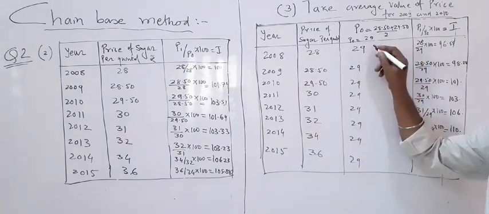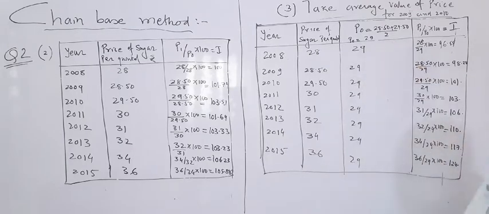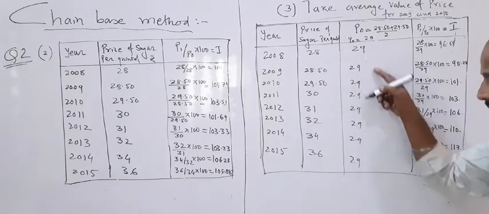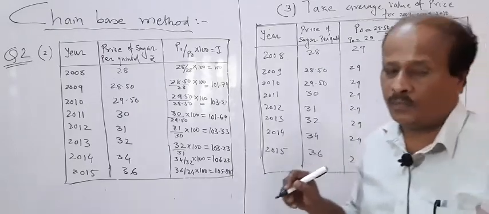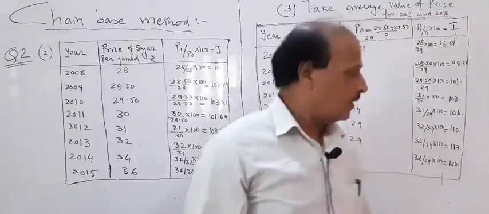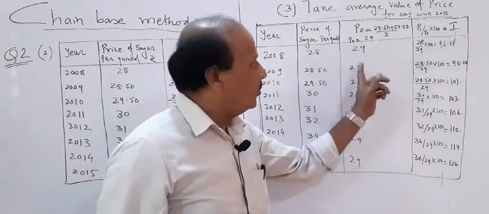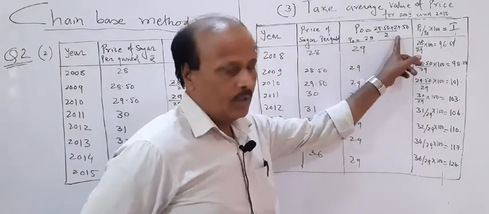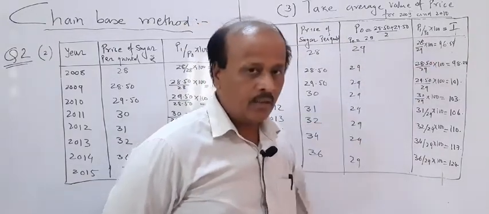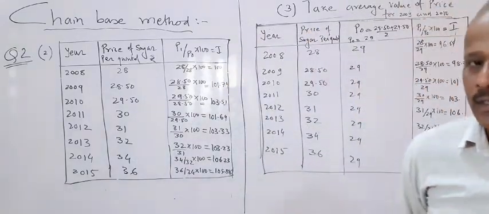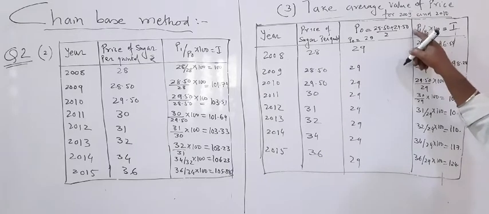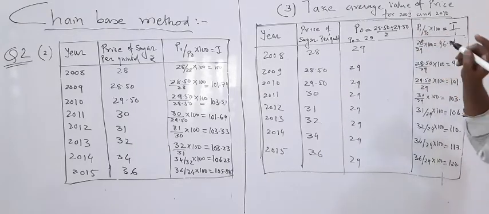So the average value of P0 will be 29. This column I have made is not necessary. If you want, you can make it; otherwise there is no need. You write 29 here only, and you can take it directly in the calculation. Now see the formula. It's the general index number type: P1 divided by P0 multiplied by 100.